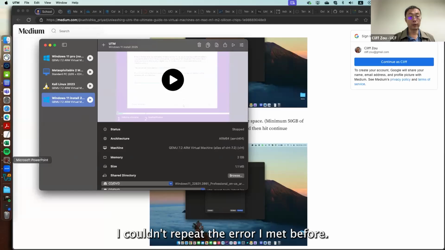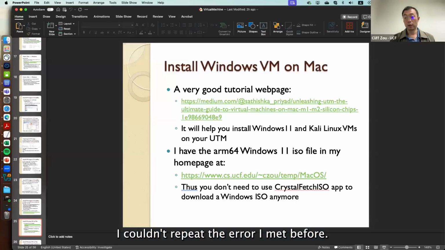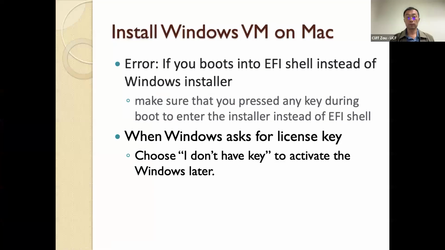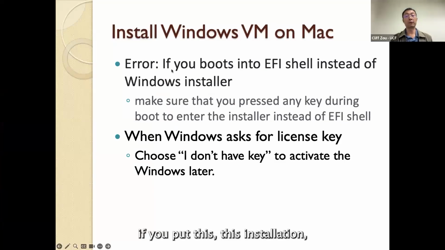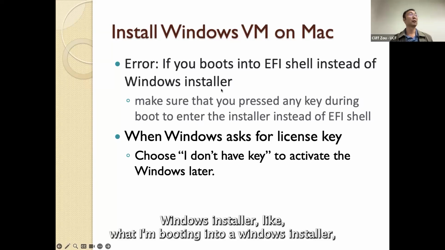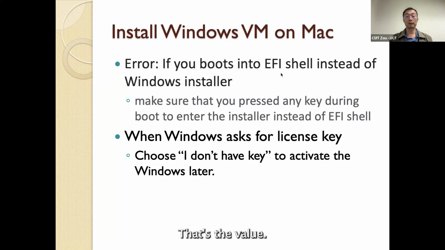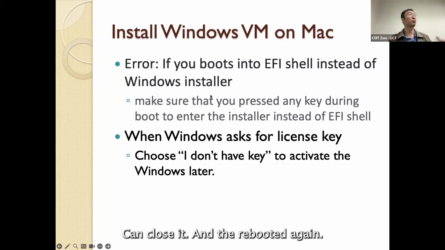Okay, I couldn't repeat the error I made before. So when you install it, if you see this error, where you boot into an EFI shell instead of the Windows installer, like what I'm booting into, but sometimes the first time you boot it suddenly shows a shell, then you can close it and reboot it again.